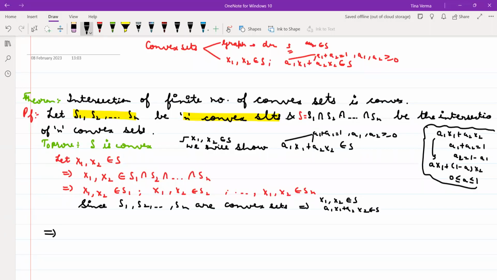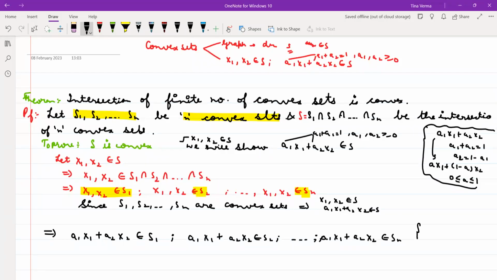Since these two points belong to S1, S2, ..., Sn, the CLC of these two points will also belong to S1, to S2, and in a similar way to Sn, because the Si are convex sets.